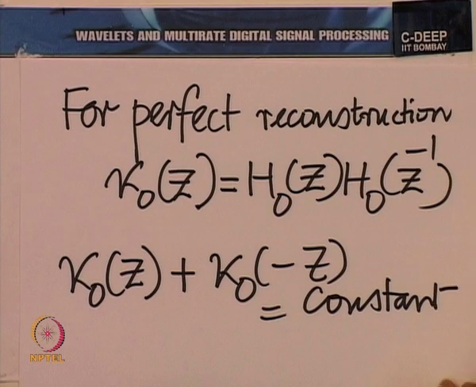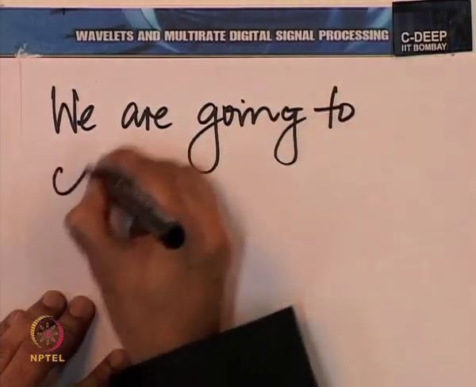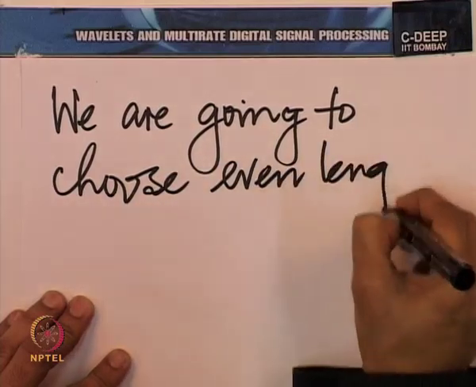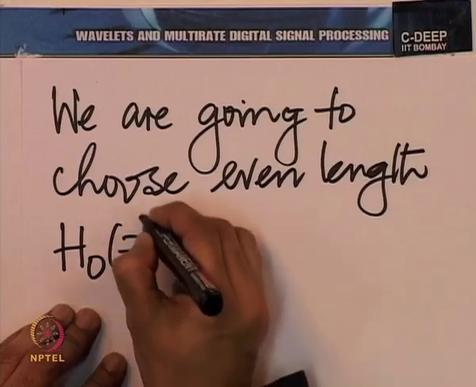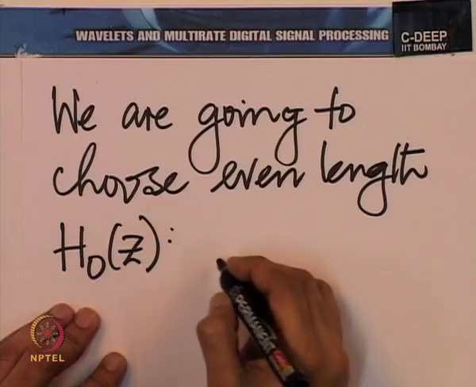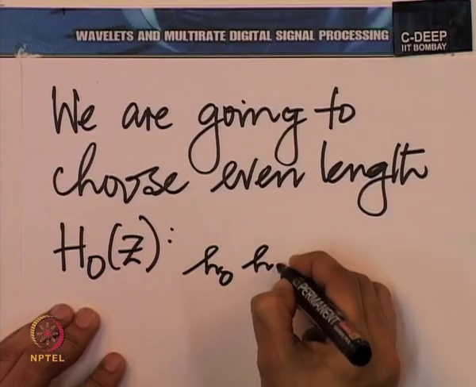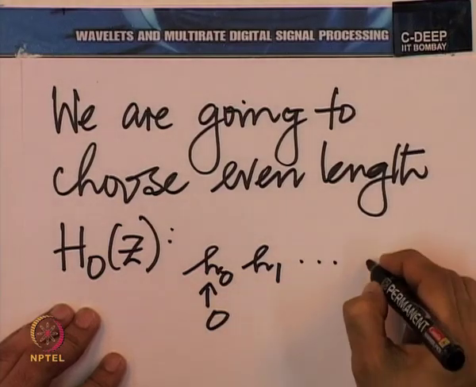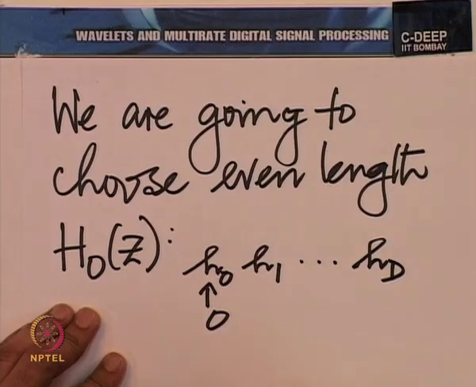What I am trying to say is, we have agreed that we are going to choose an even length H0(z), something like an impulse response of the following form: H0, H1 and so on. H0 lies at 0 up to Hd. Remember, d was odd.